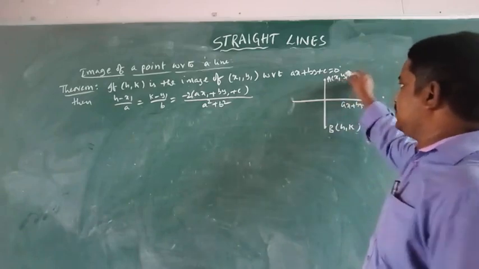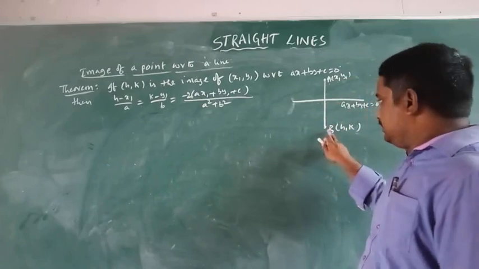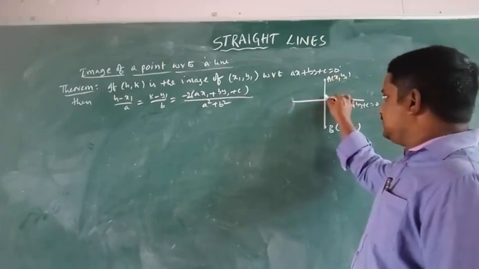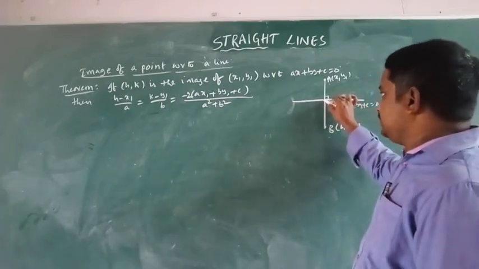I am taking (x1, y1) as a point and L as ax + by + c = 0, then Q is the image of this point. Image means it is perpendicular and equidistant from this point.